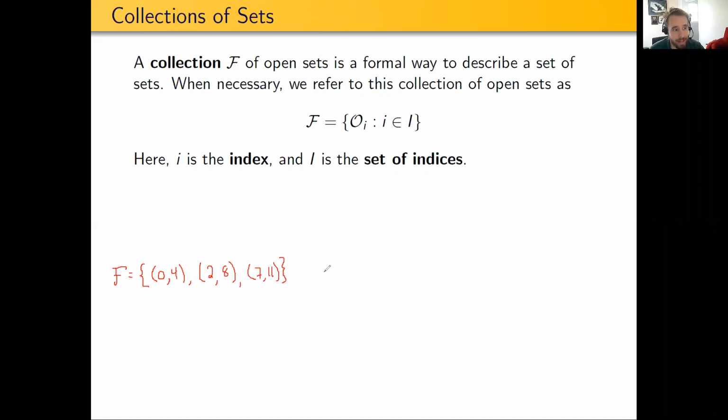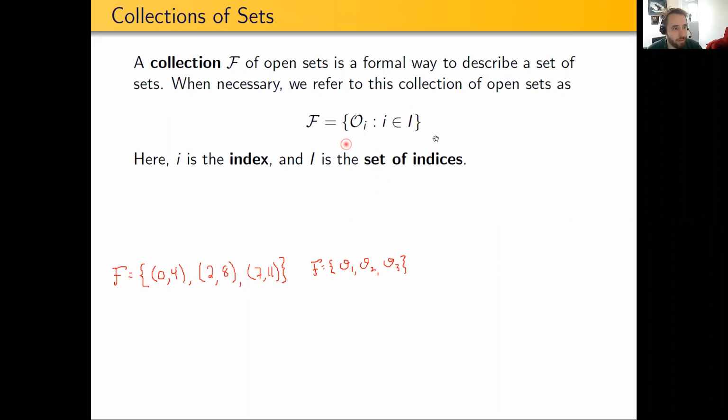Okay, so again, I could write this if I wanted as F is a collection of 3 different open sets, O sub 1, O sub 2, O sub 3, where very formally, O sub 1 is defined to be this open interval, O sub 2 is defined to be this open interval, and O sub 3 is defined to be this open interval.